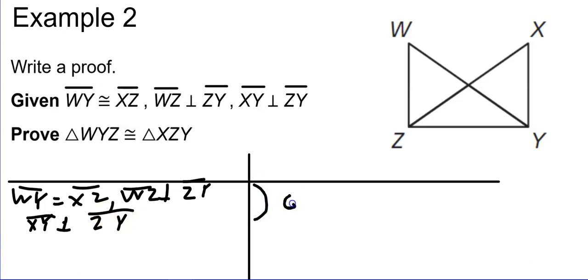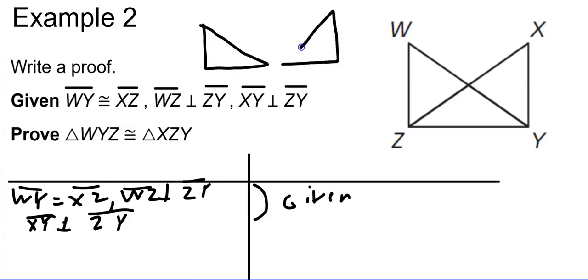All of this is given. Now, this is one of those ones where I personally get confused, so I will separate this into two triangles. This is W, this is X, this is Z, this is Y. This is Z. And this is Y.